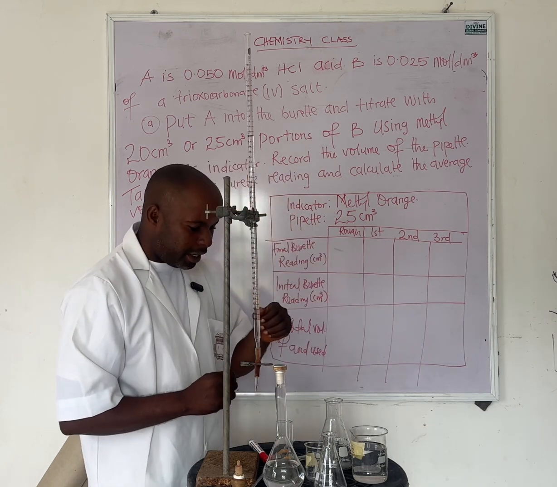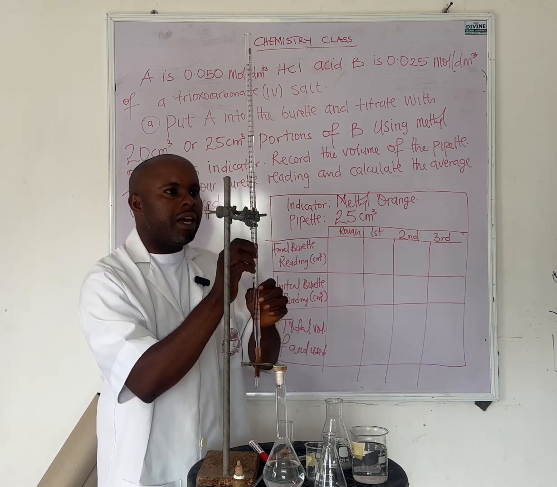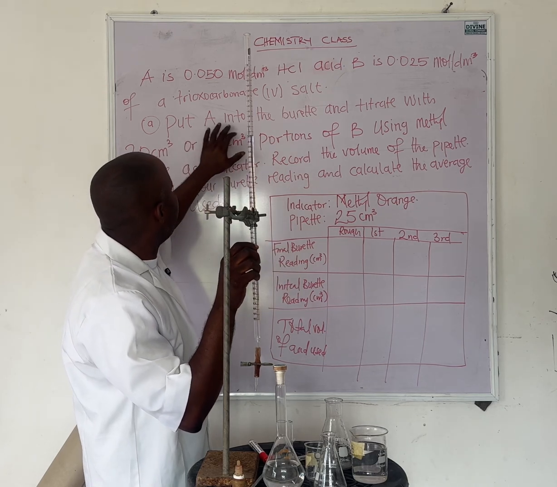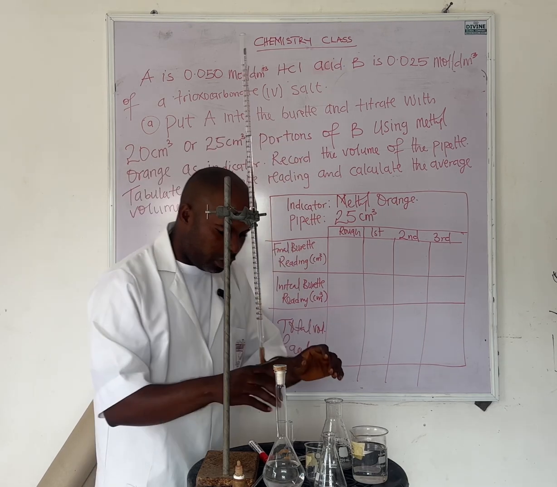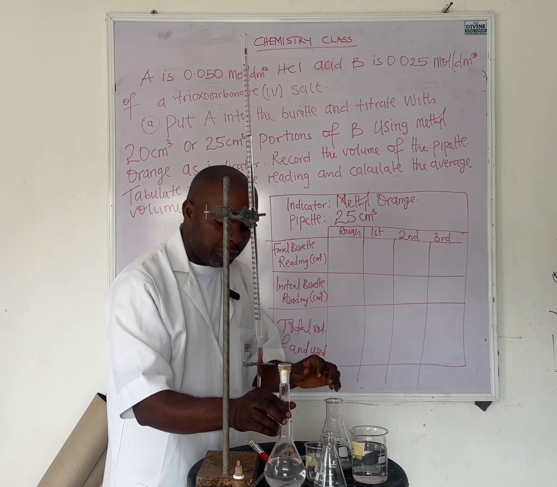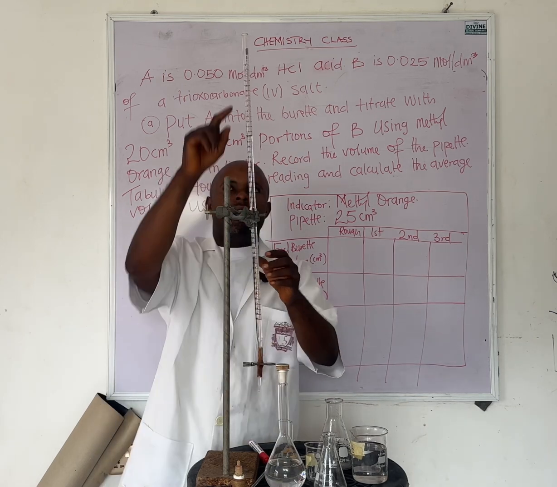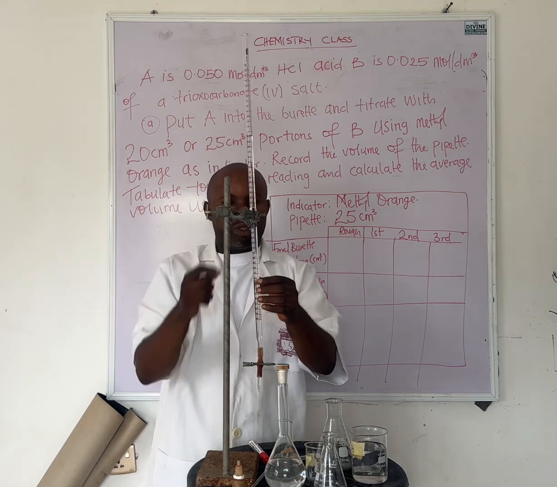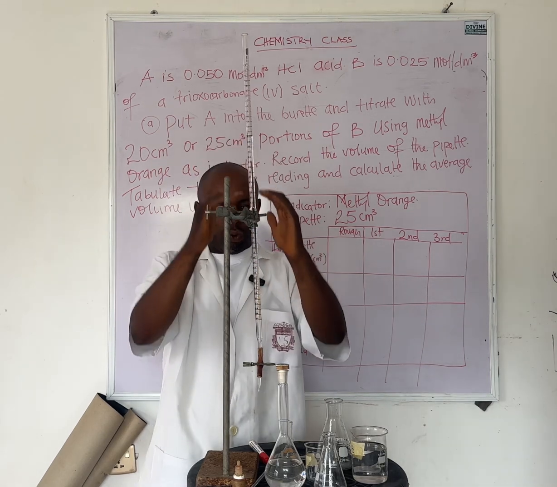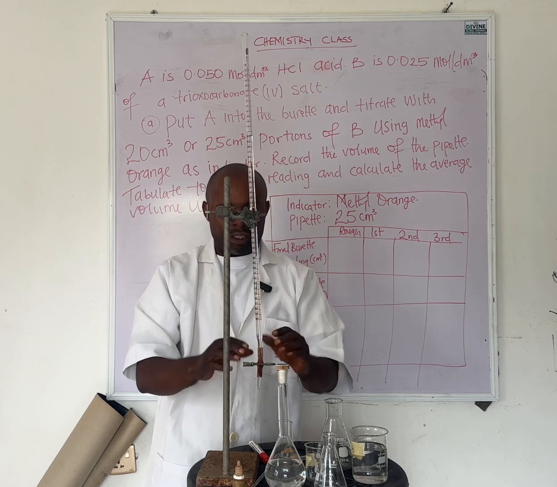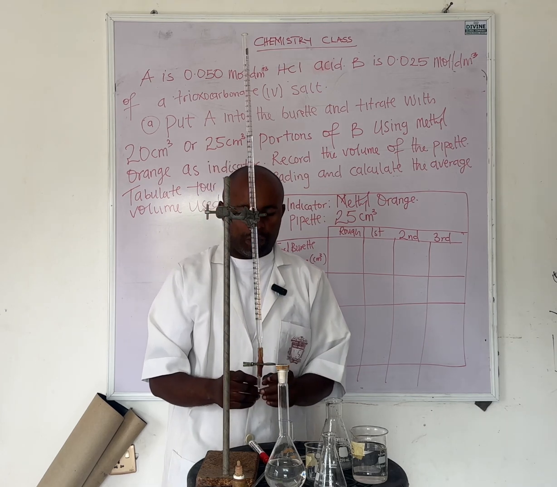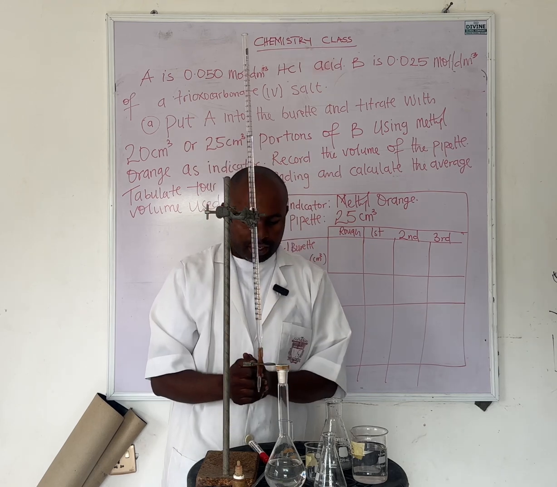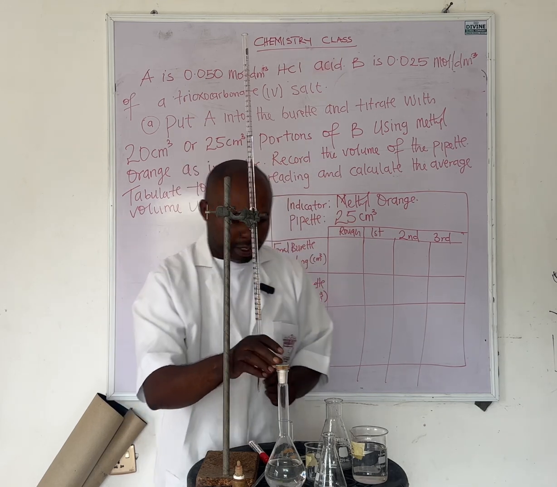In this aspect, you must rinse this burette. Which liquid are we going to put in the burette? Put A into the burette, so we are going to put the acid into the burette. First of all, you must rinse this burette with your acid, to clean it and avoid impurities. This burette has already been rinsed with the acid to avoid delay.